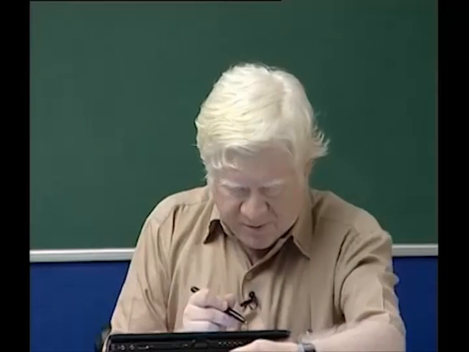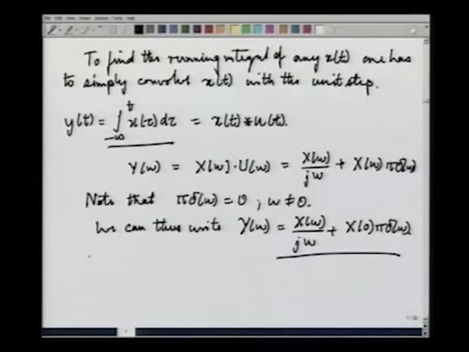What is x1 omega? X1 omega equals x omega. x2 omega will contain x omega, but it also contains a DC component.